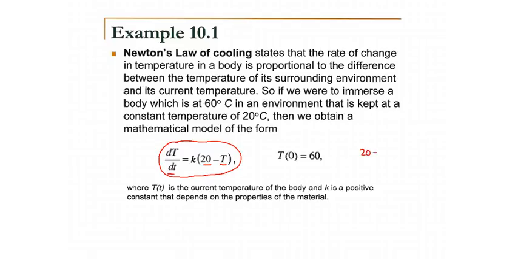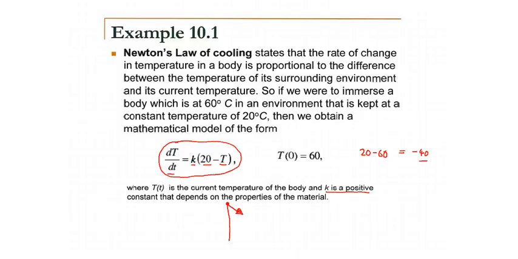So 20 minus 60 gives a value of minus 40, times a constant, which we assume to be positive. K is positive, so this tells me that the rate of change of the temperature, which is initially at 60, is dropping because it's a negative gradient.